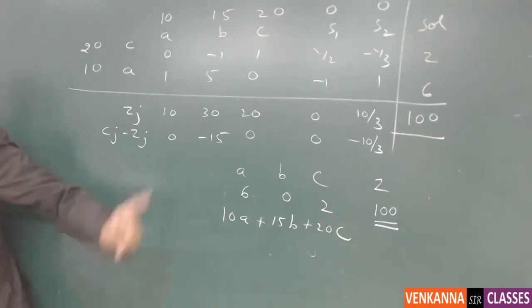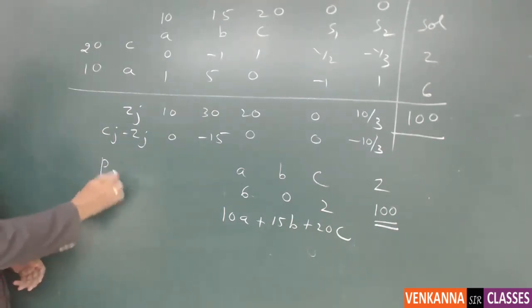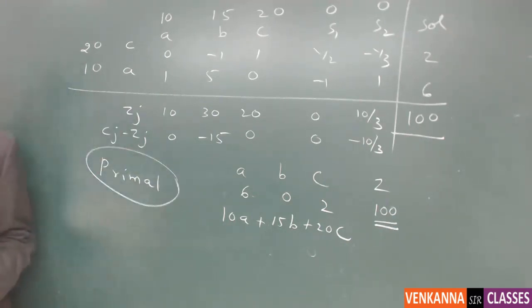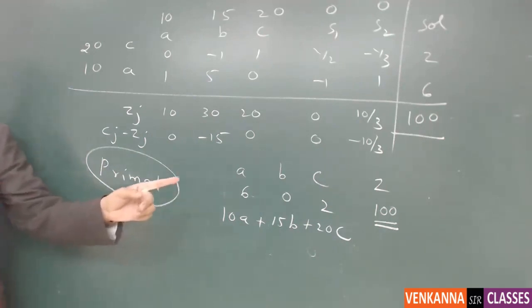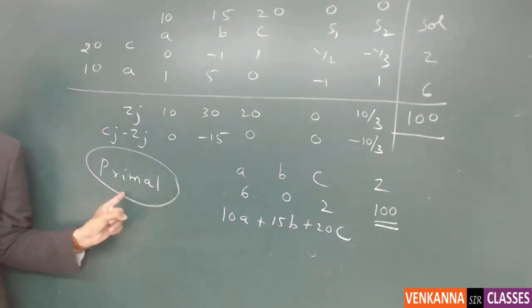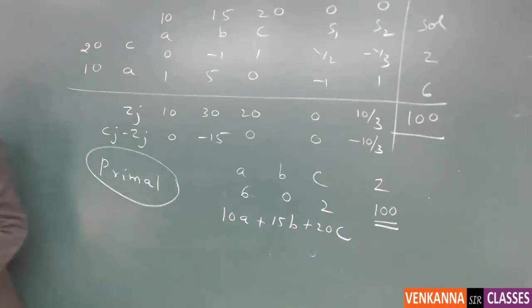Now, using this final table, we can depict the solution of the primal. So using the final table of simplex under dual, we can find the solution of the primal. That is one interesting aspect here. So how to find the solution of it? It is very simple.